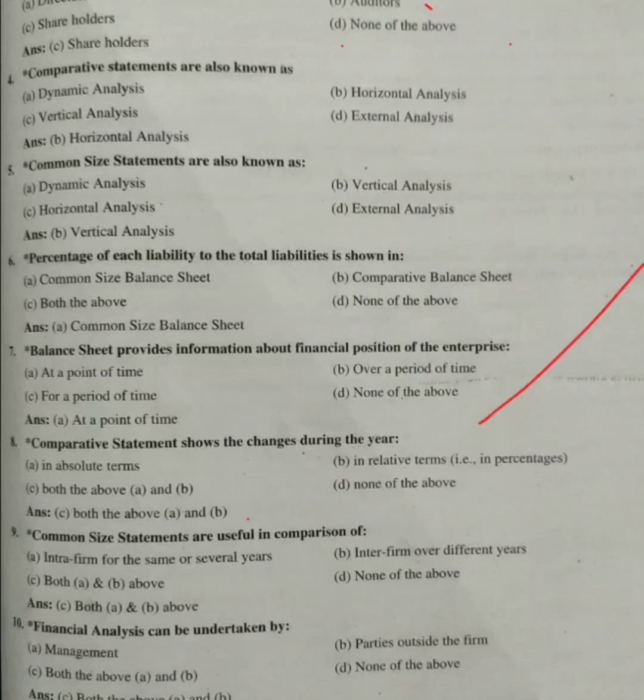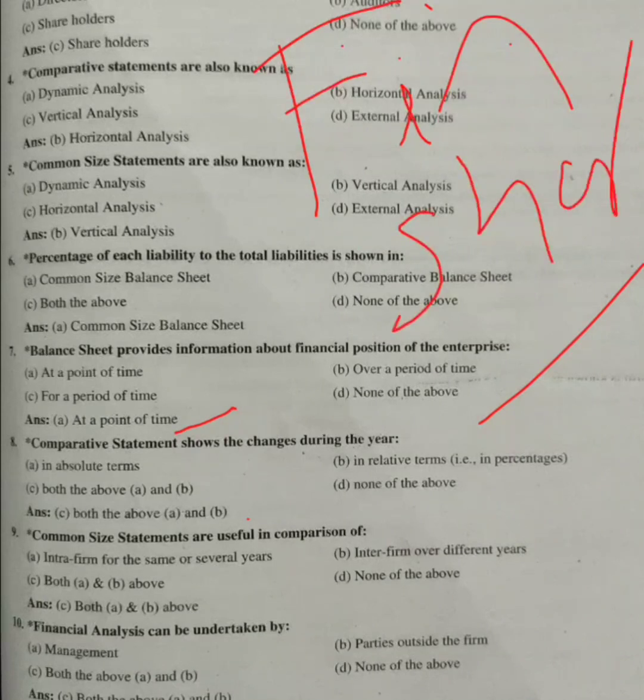Then next question, the balance sheet provides information about the financial position of the enterprise at a point of time. At a point of the time. Not over a period of time, not for a period of time, at a point of time. At the point of time, the balance sheet provides accurate financial positions to the shareholders or investors.